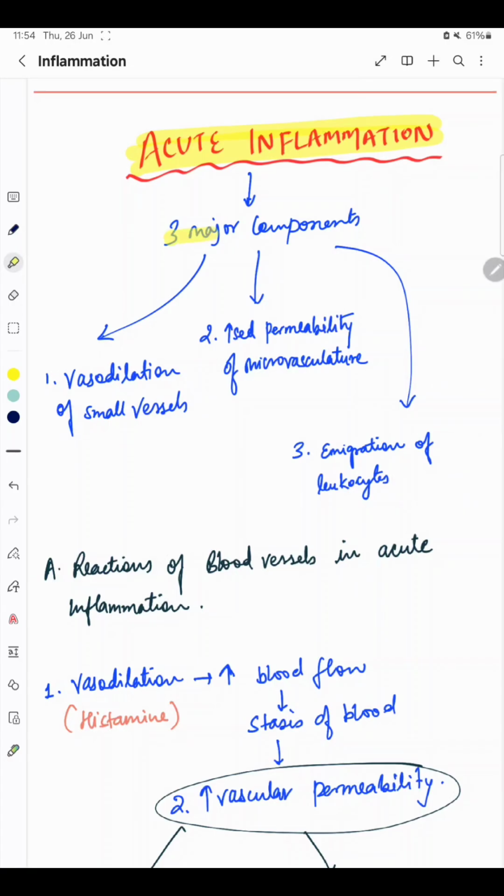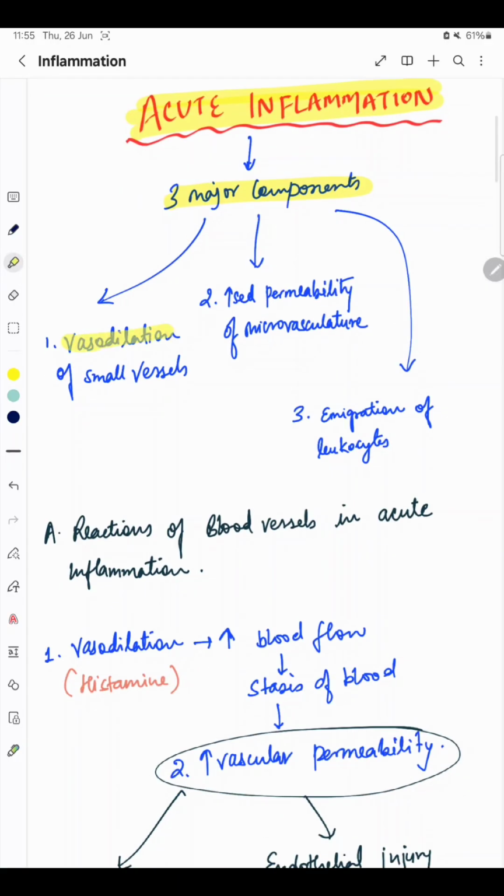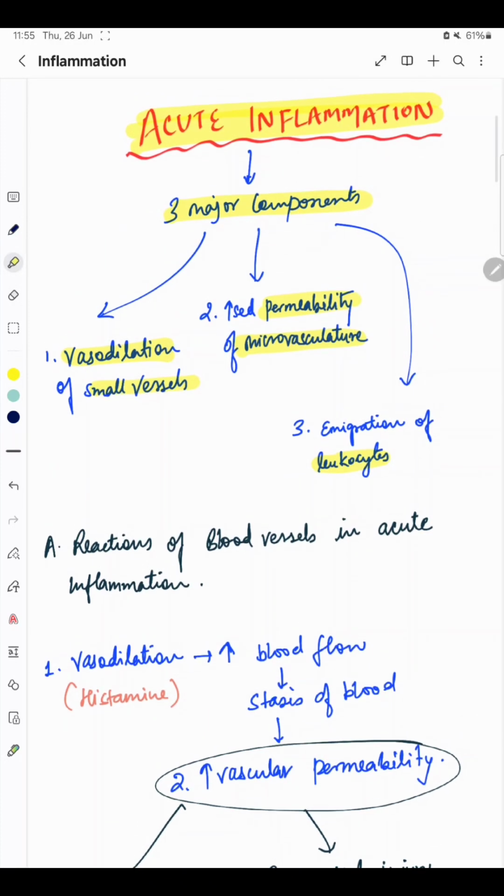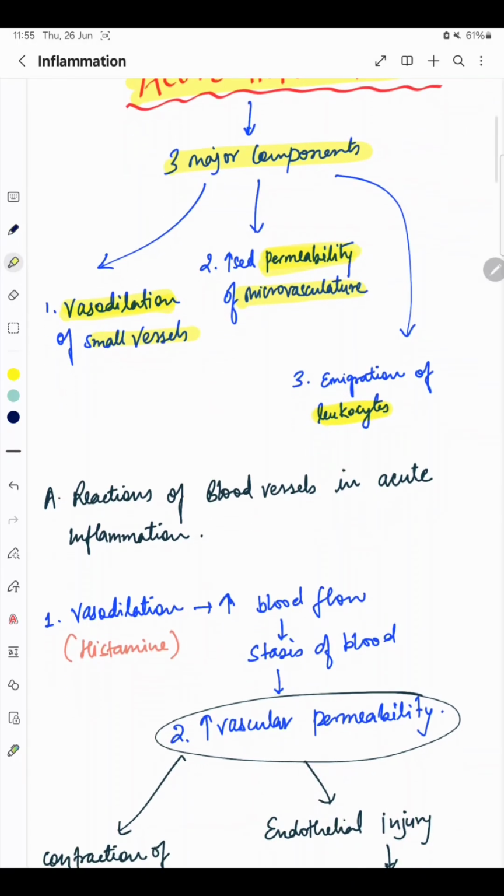There are three major components of acute inflammation: vasodilation of small vessels, increased vascular permeability, and immigration or recruitment of the leukocytes. So these are the three major components: vasodilation, increased vascular permeability, and leukocyte recruitment or immigration of leukocytes.